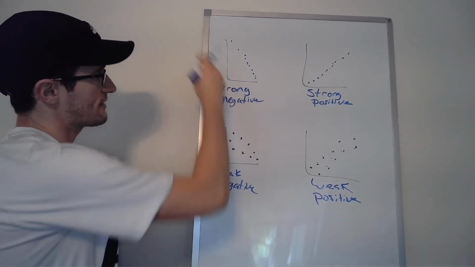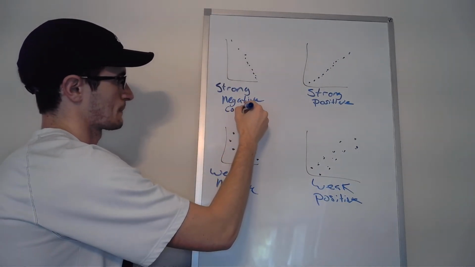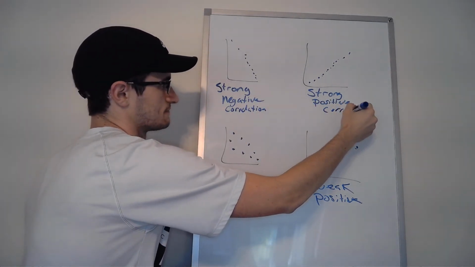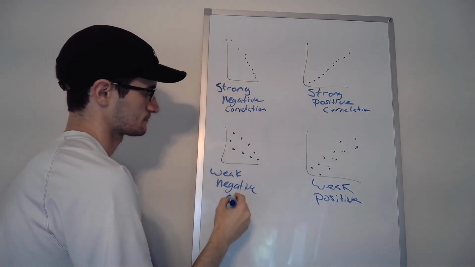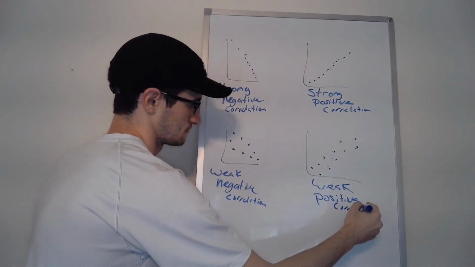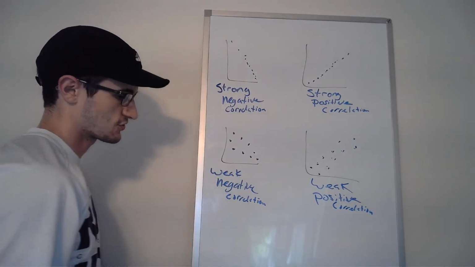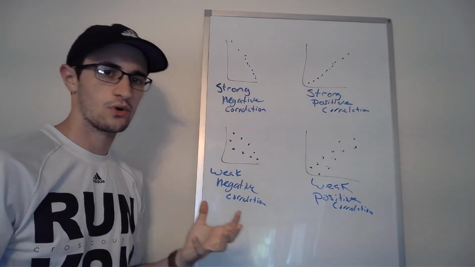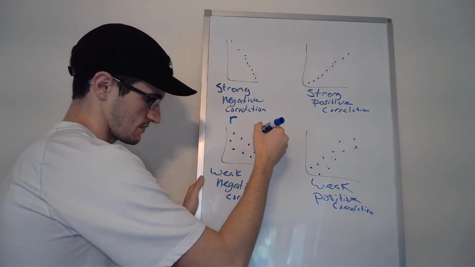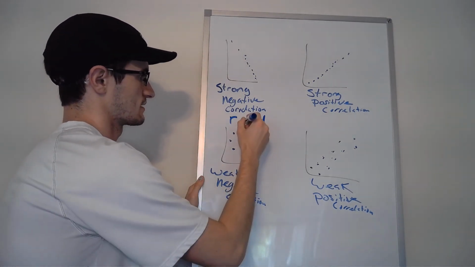And so when you have a strong correlation, a strong correlation either way, it's going to be close to 1 or negative 1.